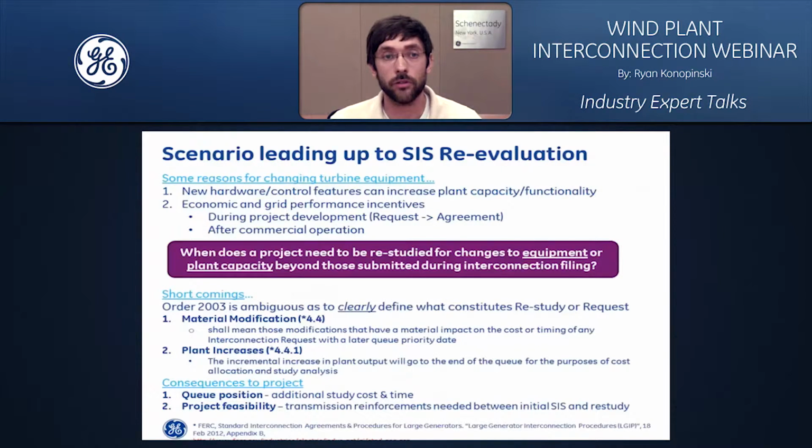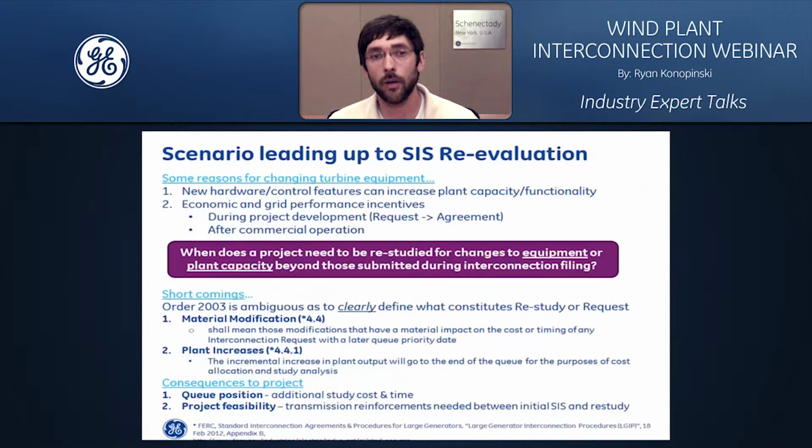So let's look into some scenarios that could lead to reevaluation of the system impact study, or basically re-beginning this large generator interconnection procedure. A developer may be incentivized for economic reasons to upgrade or propose to upgrade various hardware or control features within the wind facility, which could increase the plant capacity as well as the functionality of the plant.